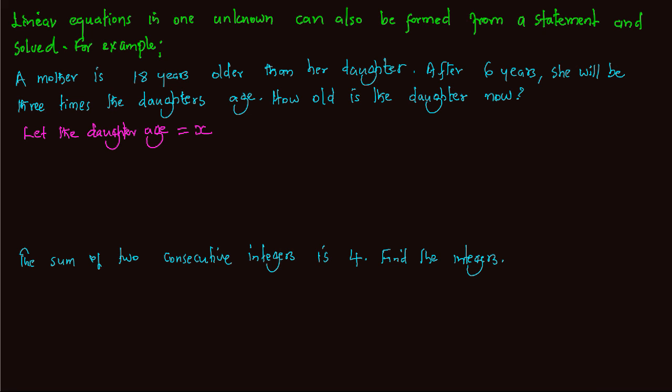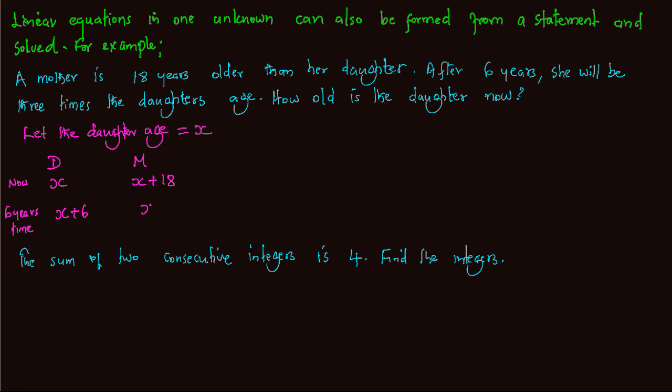So we have the daughter and we have the mother. Now, the daughter is x years. The mother is 18 years older than the daughter. In six years' time, the daughter shall have added 6 years.